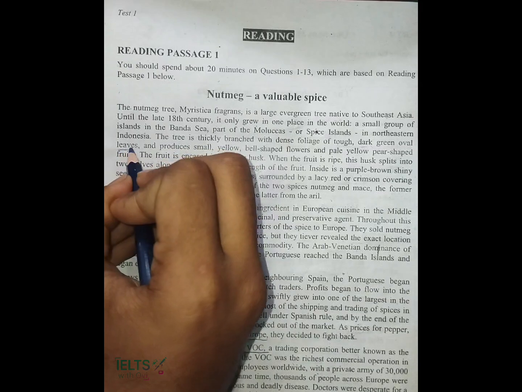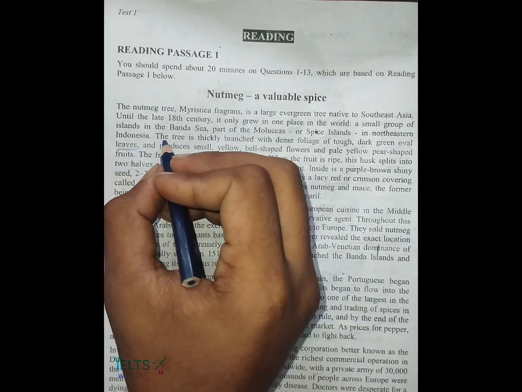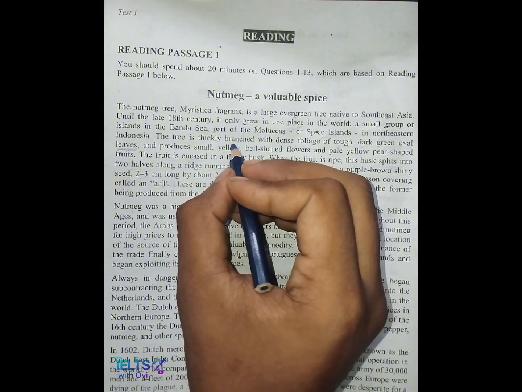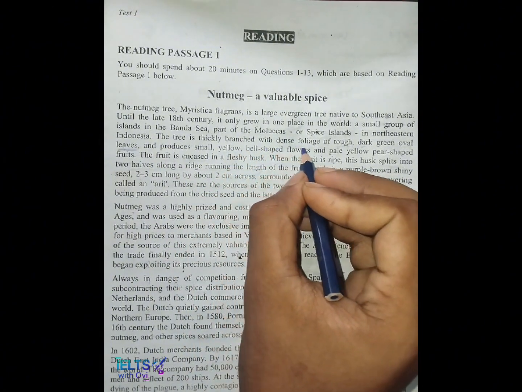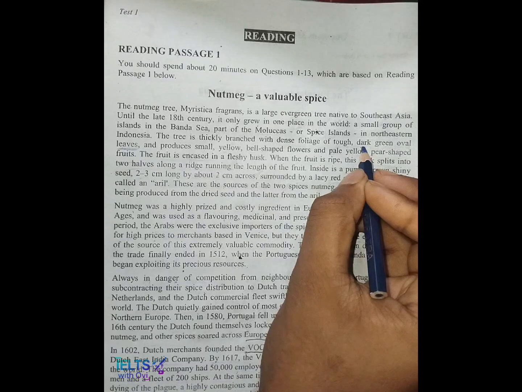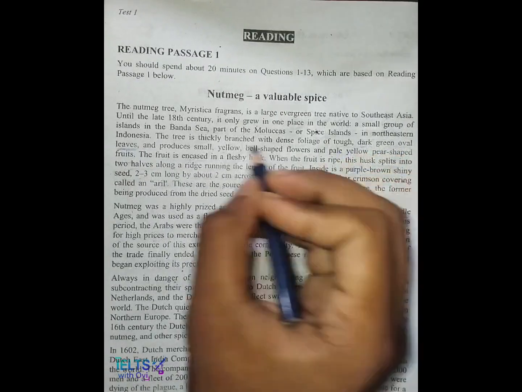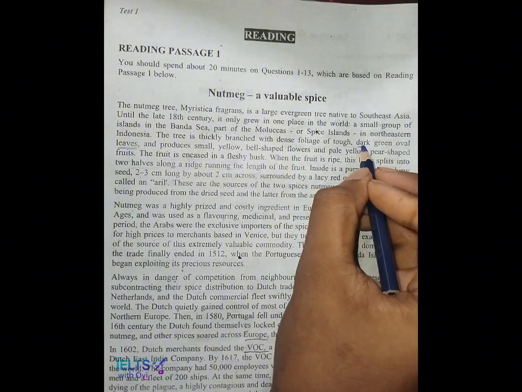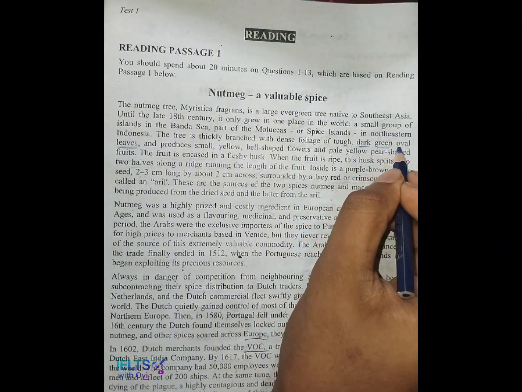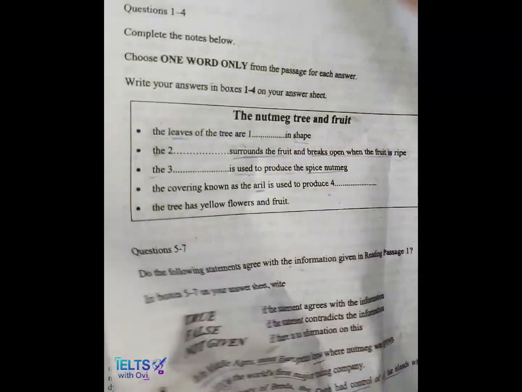We find the keyword leaves, so here must be our answer. The tree is thickly branched with dense waves of tough dark green oval leaves. So the leaves are dark green, and oval is one kind of shape, so oval is our answer. So we have to write oval.